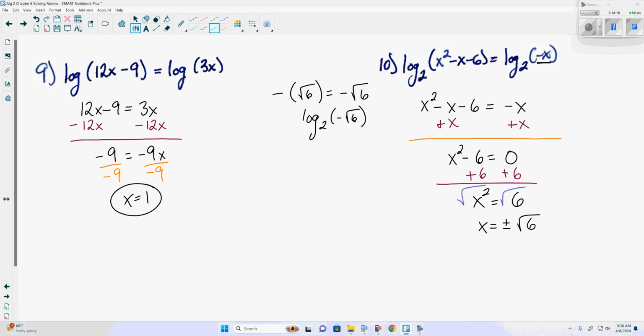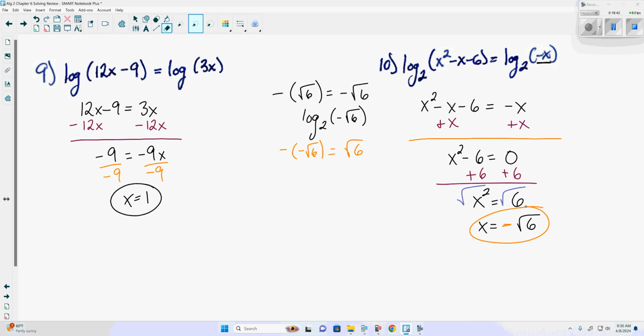We cannot have a negative inside the log, so our positive case is out. It doesn't work. Let's look at the negative case. Negative negative square root of 6 is the square root of 6, yes? So the actual answer is not plus or minus when we solve, but the actual answer that we want is just the negative square root of 6.